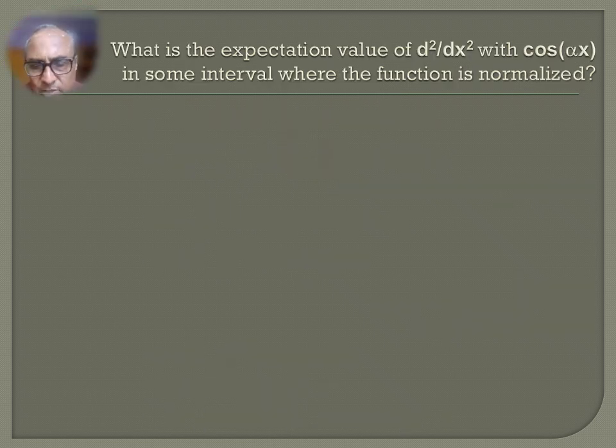What is the expectation value of d squared by dx squared with cos alpha x in some interval where the function is normalized?